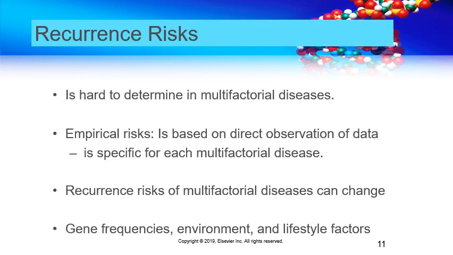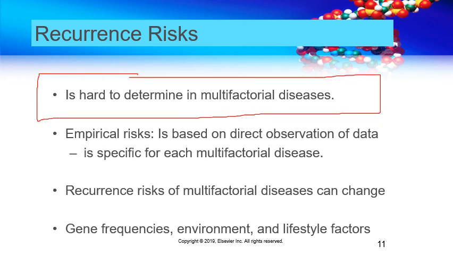All right, now recurrence risk. Recurrence risk is hard to determine, especially in those multifactorial diseases. You may have a number of genes contributing to the disease and not know what those genes are. Also, you don't really know the allelic conditions of the parents or the extent of the environmental effect it can have on that patient.